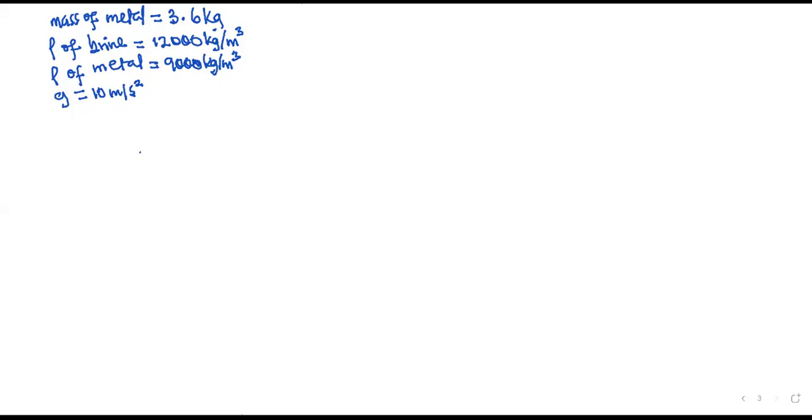So the mass is 3.6 kilogram. We are to determine its weight in Newton with the metal in air. Okay, so the real weight.